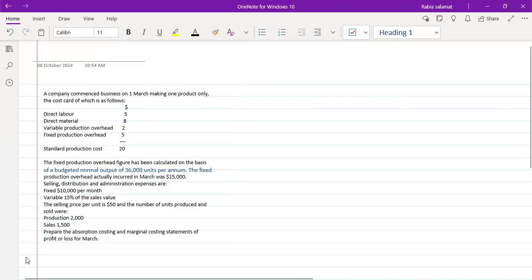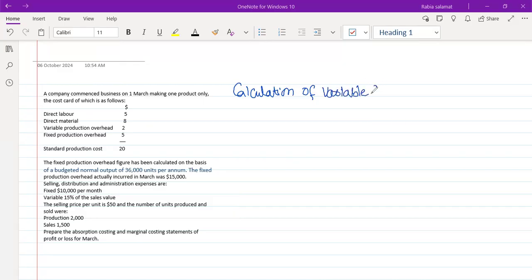Third and last working is calculation of variable cost of sales.